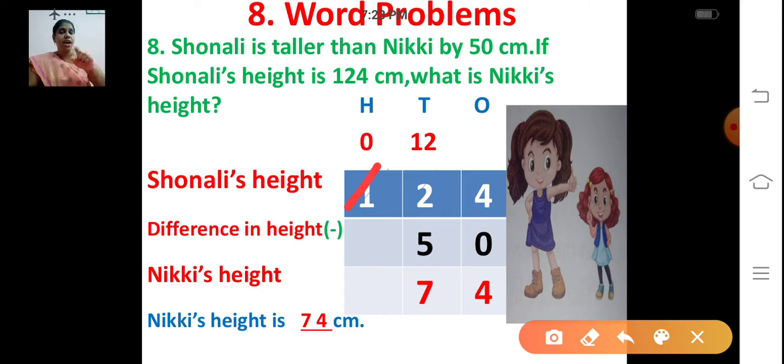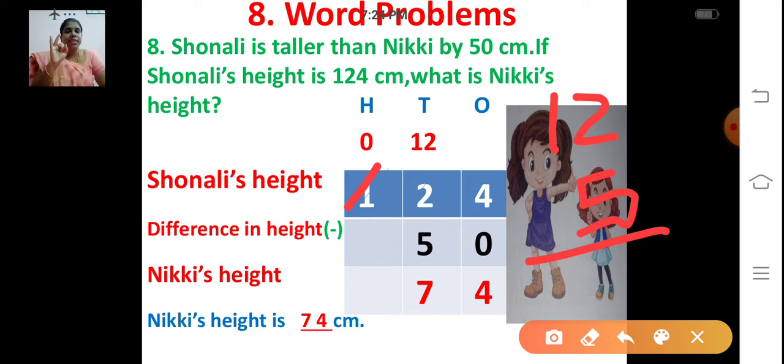I'm giving 100, which means 10 tens. Already we have 2 tens, so 12 tens. 12 tens minus 5 tens, we subtract 12 minus 5. After 5: 6, 7, 8, 9, 10, 11, 12. So 7.